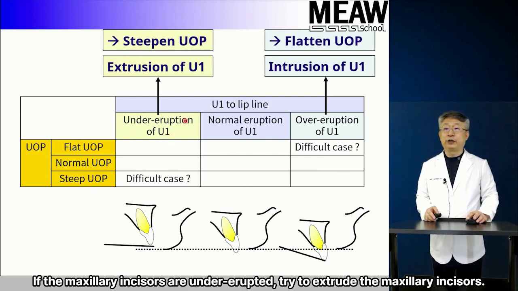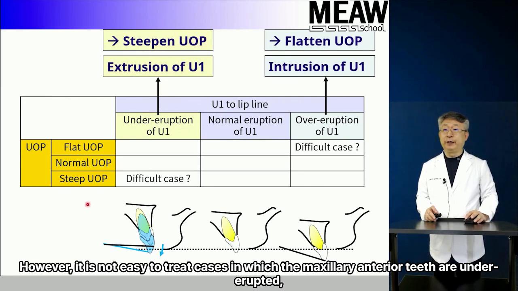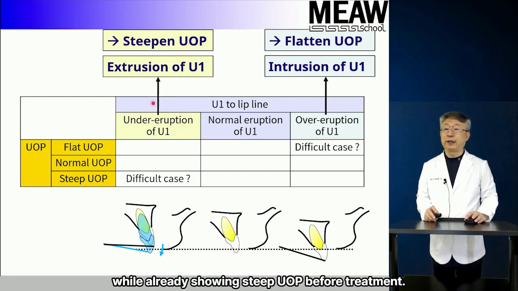If the maxillary incisors are undererupted, try to extrude the maxillary incisors. However, it is not easy to treat cases in which the maxillary anterior teeth are undererupted, while already showing steep UOP before treatment.